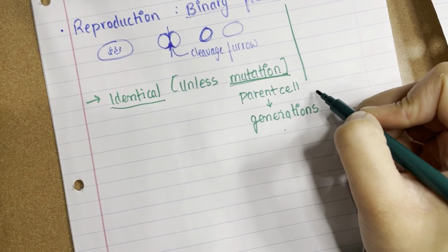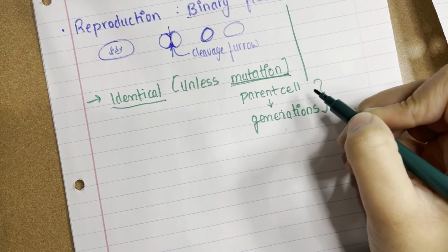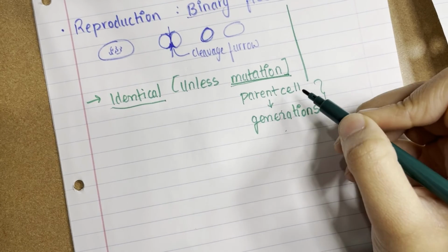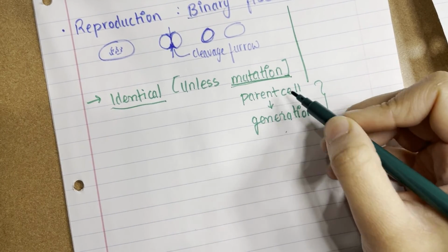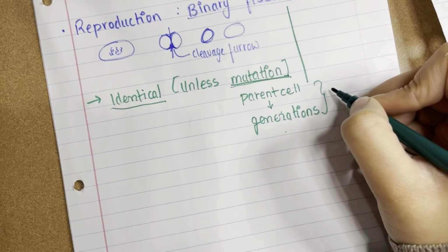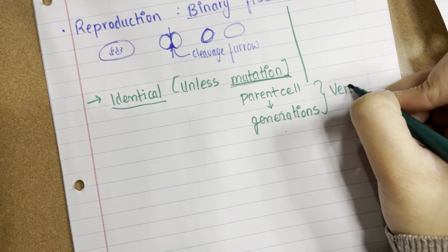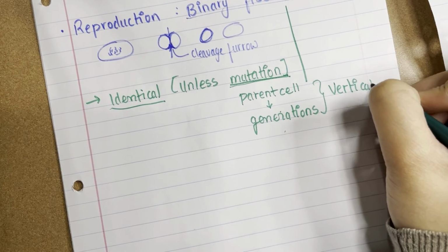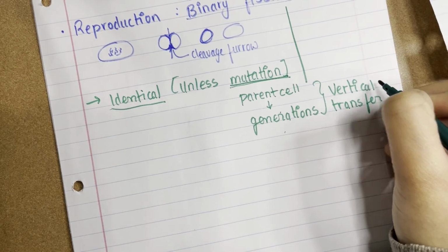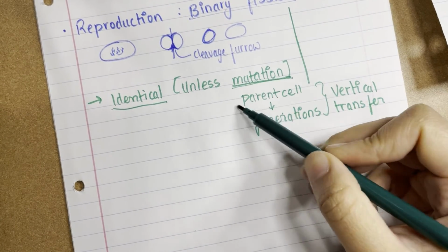This transfer of DNA information, or DNA, from parents to progeny, is called vertical transfer, because it goes from top to bottom.